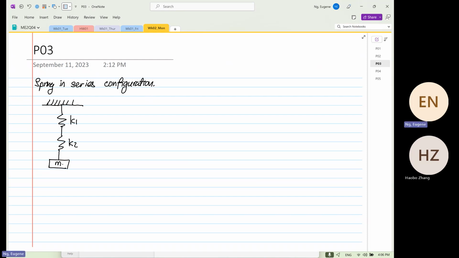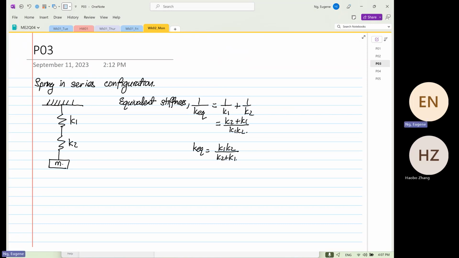To determine the equivalent stiffness, 1 over K equivalent is equal to 1 over K1 plus 1 over K2. So the common denominator is K1 K2, and K equivalent is equal to K1 K2 over K2 plus K1.